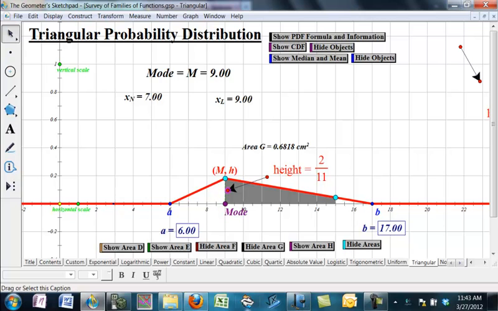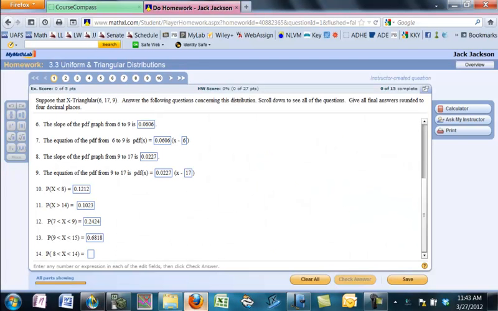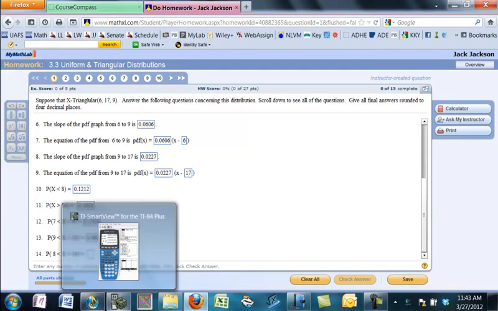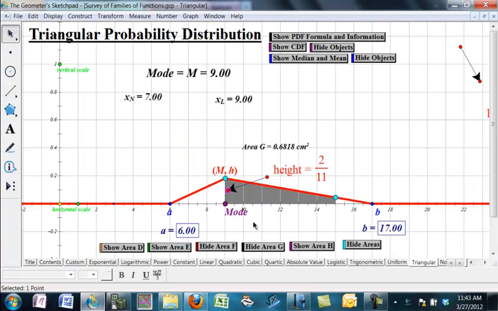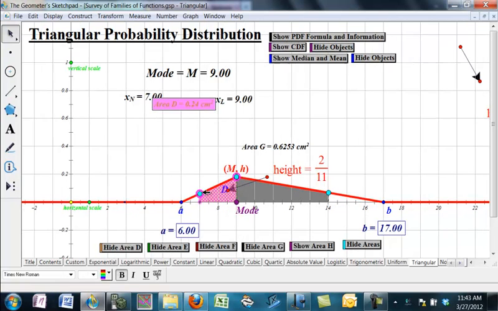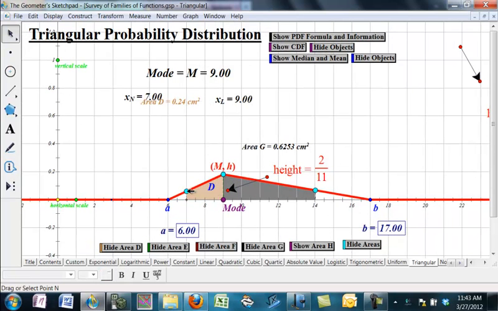Between 8 and 14. This is the hardest one, if I remember right, because here we go from 8 to 14. It's this total shaded area that I have here from 8 to 14.